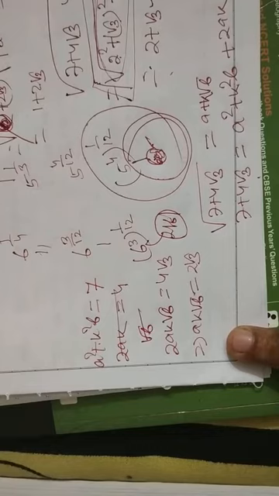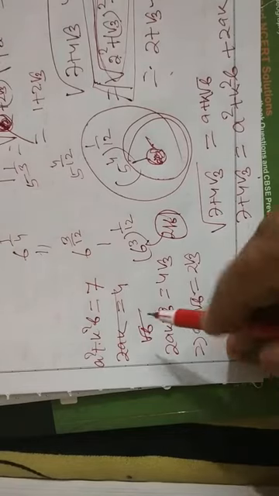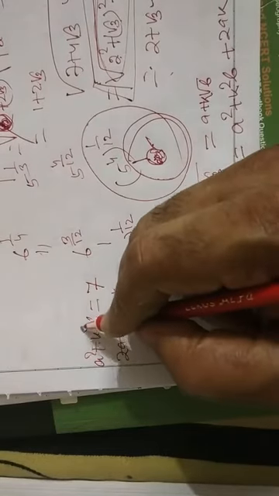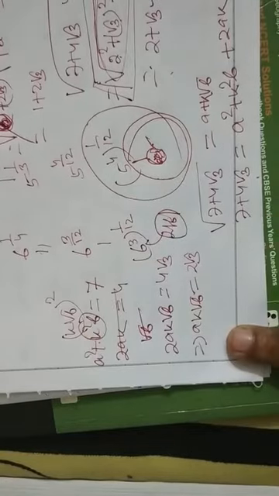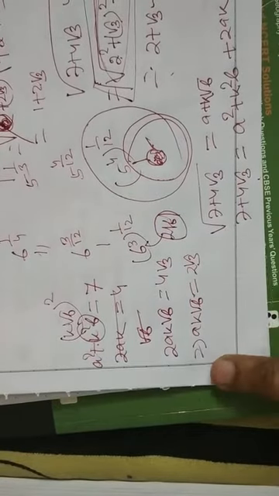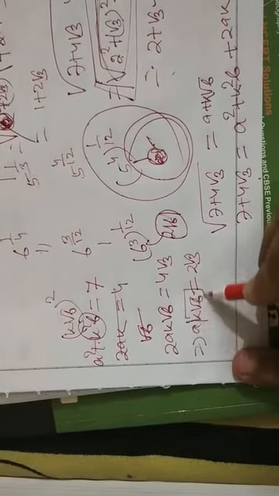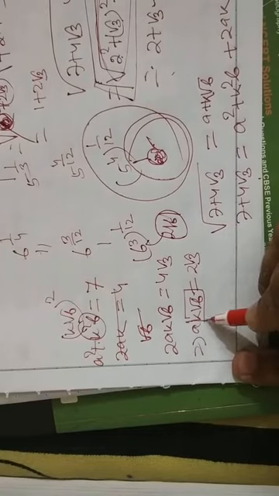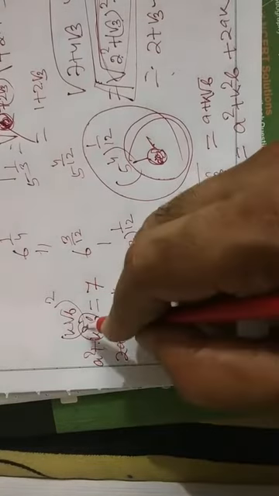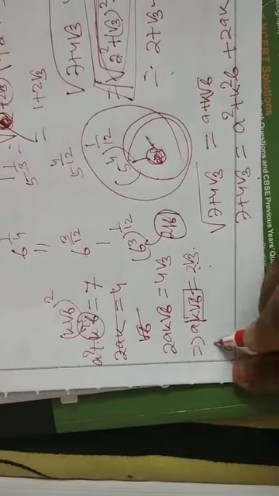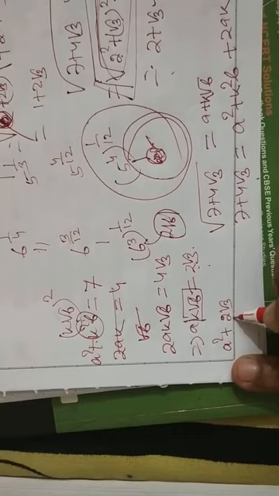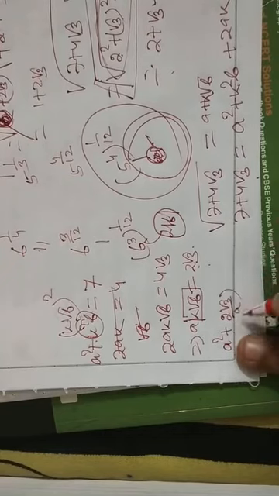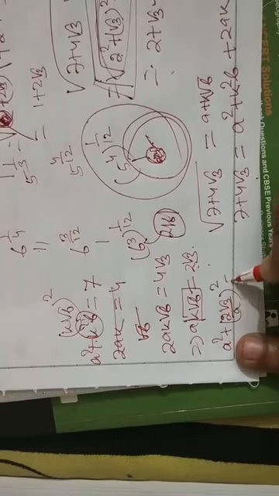Now we have a square plus k square b, where a square is 7. So I get the value of k root b. It is 2 root 3 by 2. Put there: a square plus 2 root 3 by a, whole square, is 7.